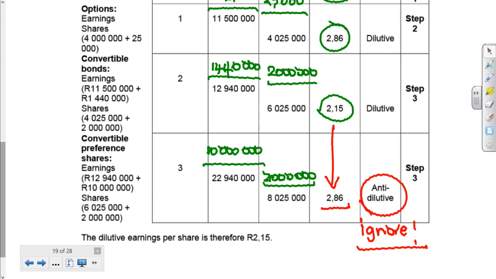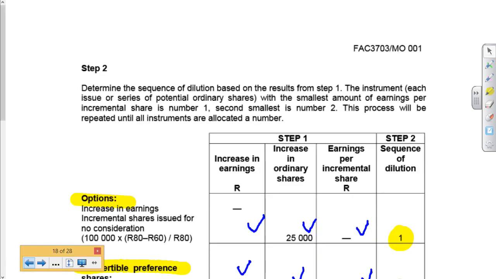Okay, so unfortunately in an exam, they will almost always give you more than one dilutable instrument. Your steps are exactly what we've just done and what we've been doing all lecture, which is to work out my adjustments for each one. Then, when I have more than one, I have to do a 2-step. I have to first work out the sequence of dilution.